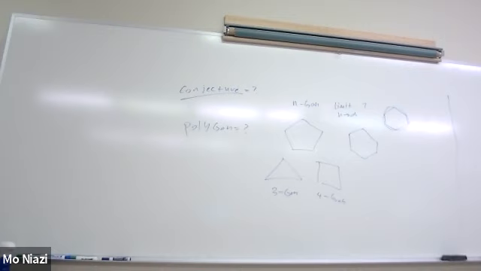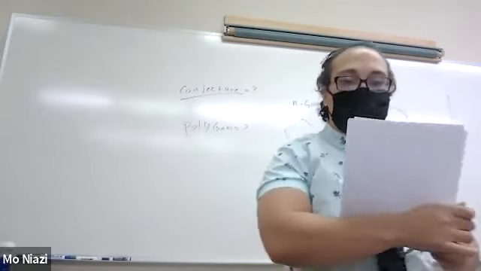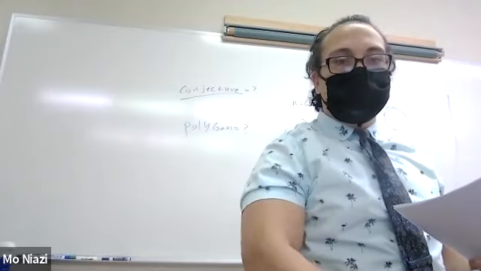And the last page is use Pick's theorem to find the areas of the following regions. So you can see if your Pick's theorem is correct by using the enclosure or the method of partition. Any of those methods will be ways to check yourself. All right? Get started while I pass out your previously graded assignments.